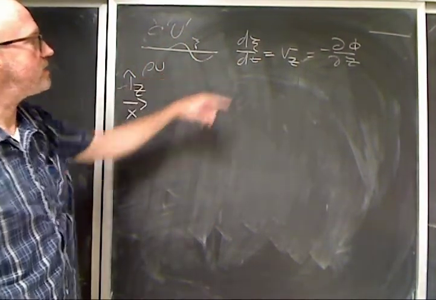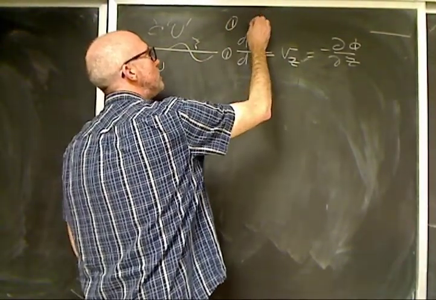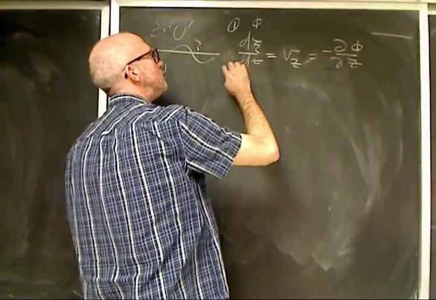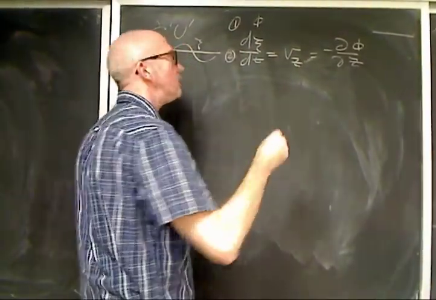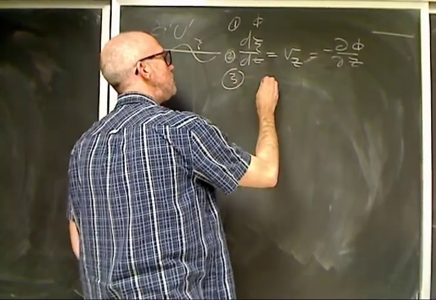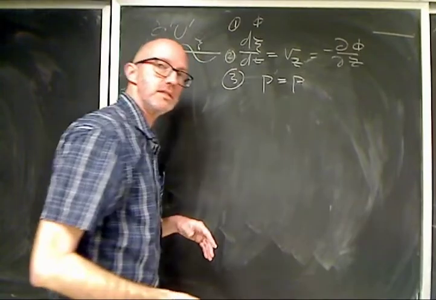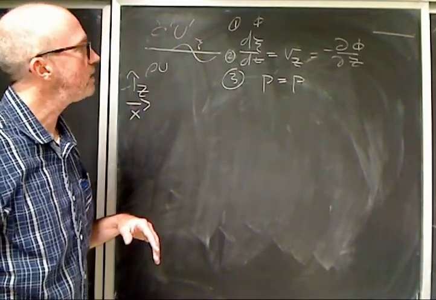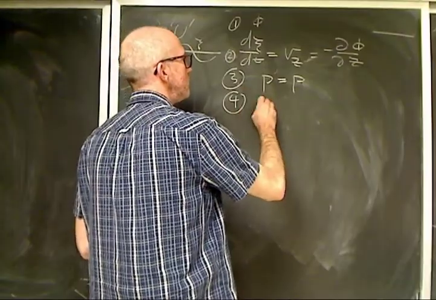So we have to say this. That's important thing 1. Important thing 1 is get an equation for phi. Important thing 2 is say that the interface moves with the fluid. Important thing 3 is to say that the pressure is constant across the interface. And then 4, you got to do a little bit of algebra.